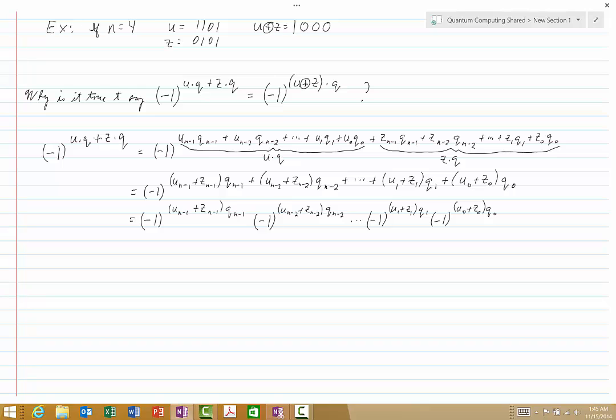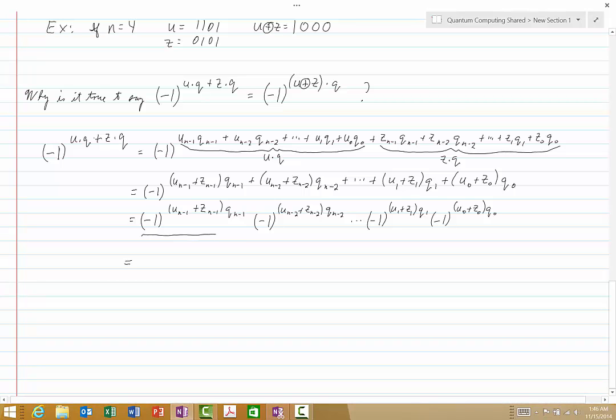We know that's just the way that exponents work, so we could break this up into these terms. And now if we look at these terms, we'll quickly see a pattern going on here.